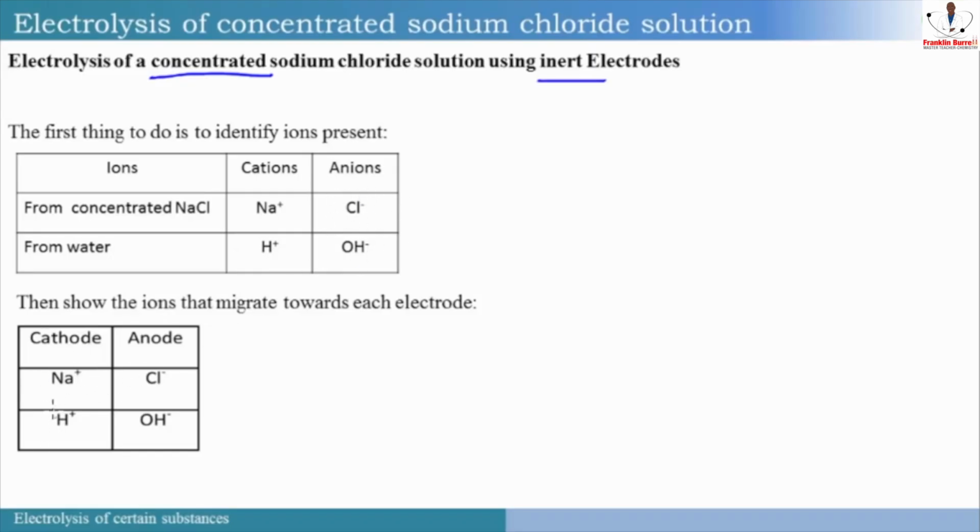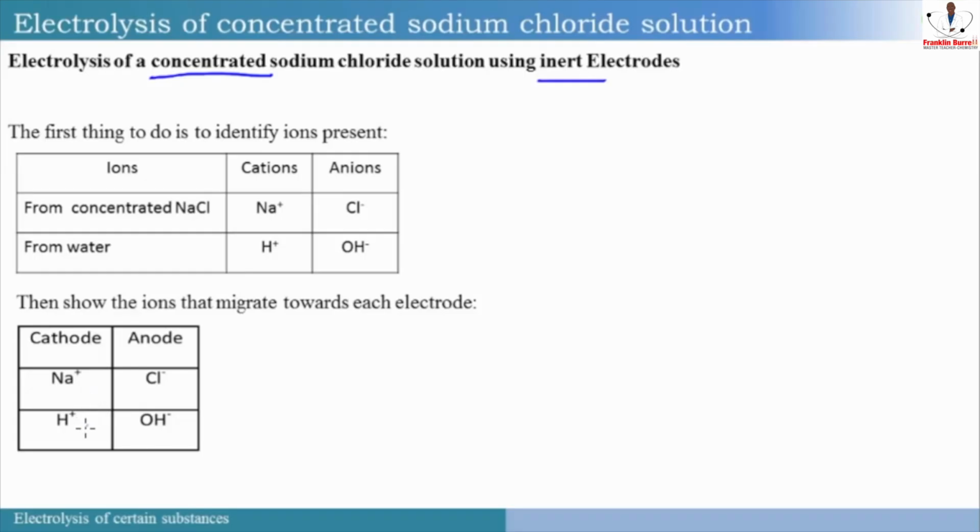For migration, the two positive ions would move towards the cathode and the two negative ions would move towards the anode. You should remember again that the positive ions, the cations, you will treat the same way you treat all ions that are aqueous and have inert electrodes. So we will use factor 1.